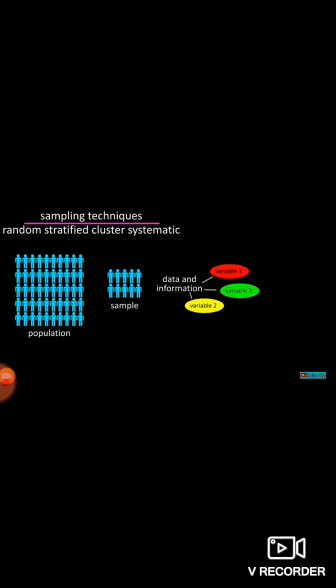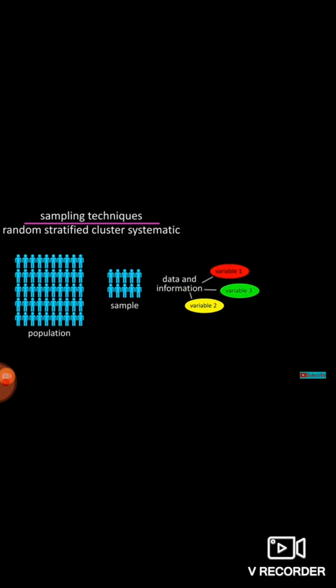So methods of sampling, there are random sampling techniques we will discuss first of all, and the first technique is simple random sampling. So what happens in simple random sampling? Out of the entire population, we select a sample on the basis of simple random technique.